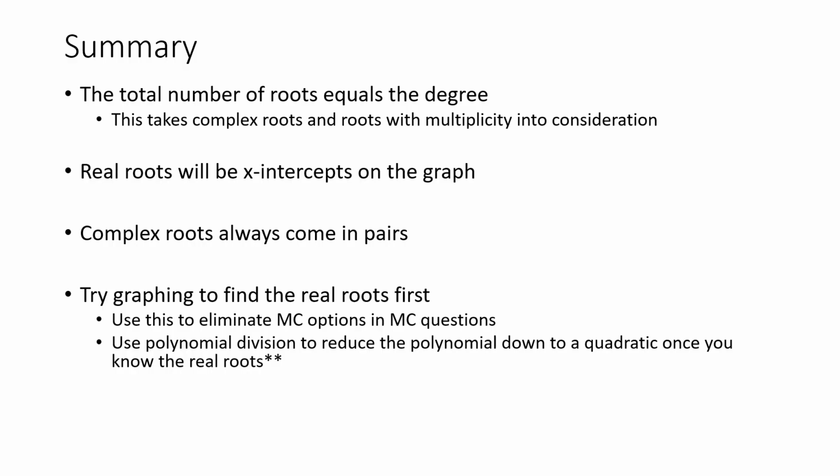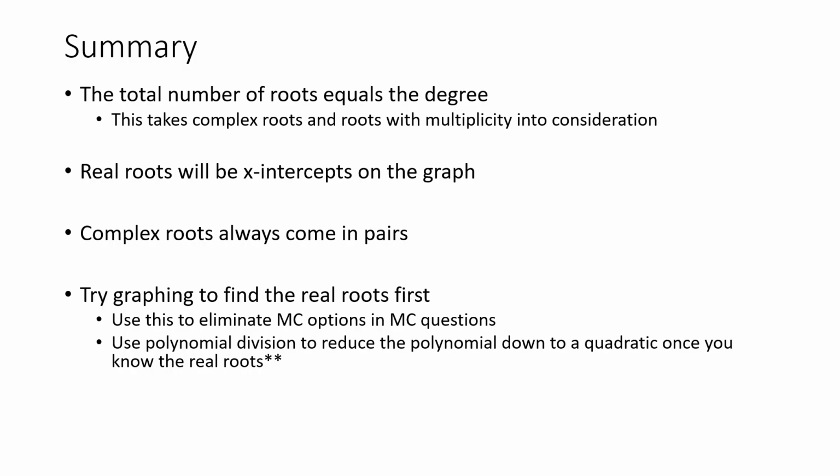Then you can take it from there and look at things like multiplicity. After that, you would use polynomial division to reduce the polynomial down to a quadratic once you know what the real roots are. This used to be how we navigated polynomials like this. It used to be a big deal.